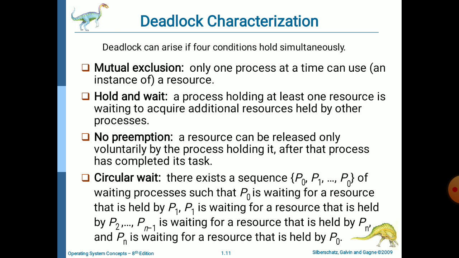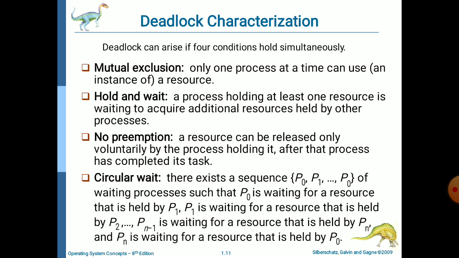What are the characteristics of a deadlock? When may this deadlock situation occur? Deadlock can arise if four conditions hold simultaneously. If all these hold, then deadlock may occur. The first is mutual exclusion. Second is hold and wait. Third is no preemption. The fourth is circular wait.